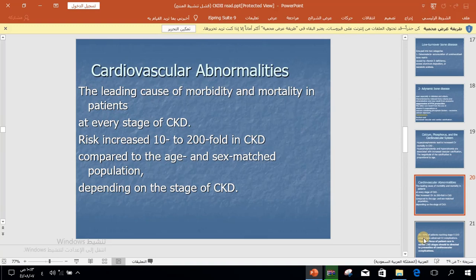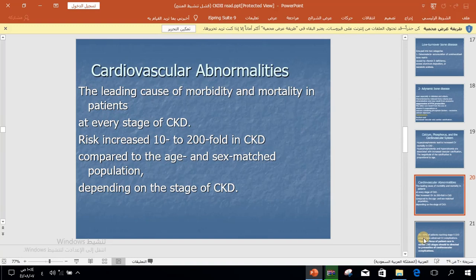So hyperparathyroidism is one of the risk factors which leads to atherosclerosis and increased incidence of myocardial infarction, ischemic heart disease, stroke, peripheral vascular disease, etc. Parathyroid hormone also leads to erythropoietin resistance and bone marrow canal fibrosis, and this can lead to anemia. It also can lead to fibrosis of the cardiac muscles and extraosseous calcification, like in the basal ganglia, myocardium, renal itself, and skin and muscles. And in the skin, we call this calciphylaxis.